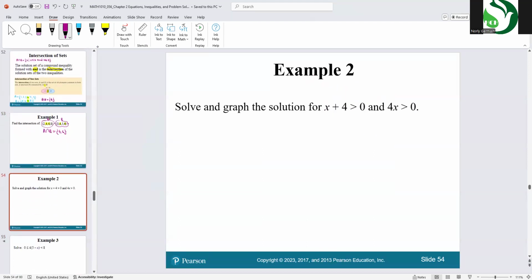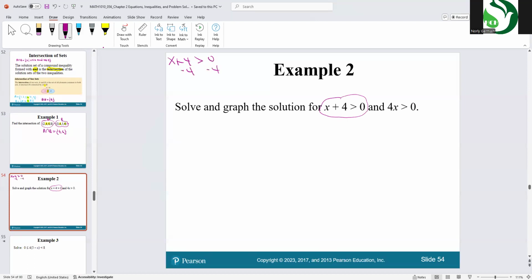If you're okay with these examples, we're going to solve compound inequalities containing "and". Solve and graph the solution for x plus 4 greater than 0 and x greater than 0. The first thing to do is to solve each of them. If you solve x plus 4 greater than 0, subtract 4 from both sides.